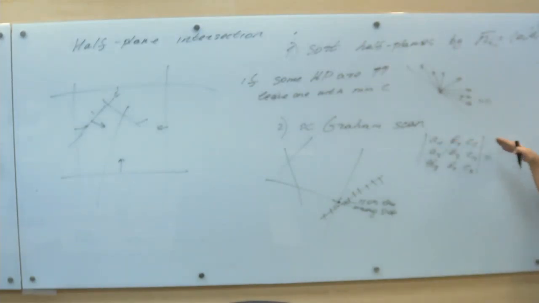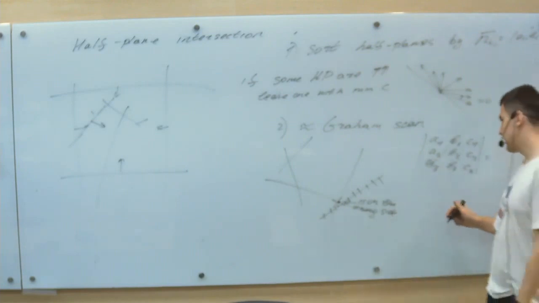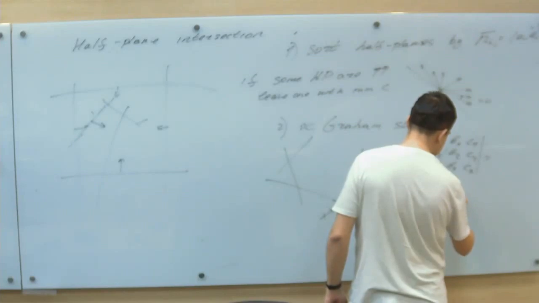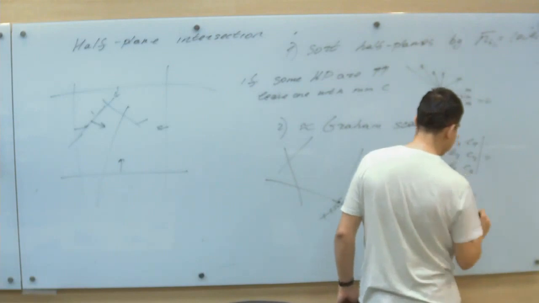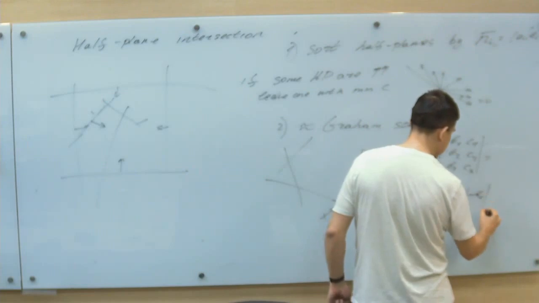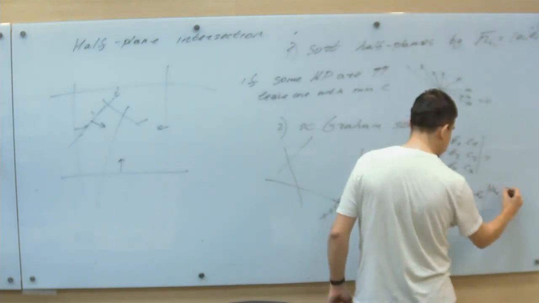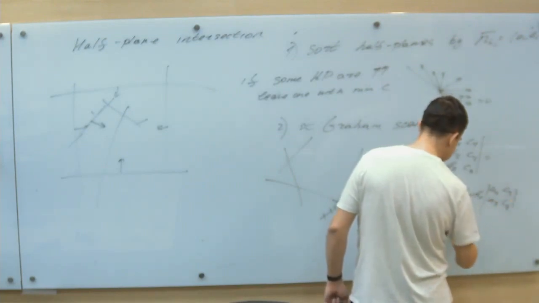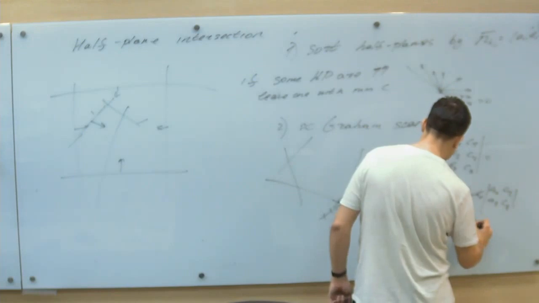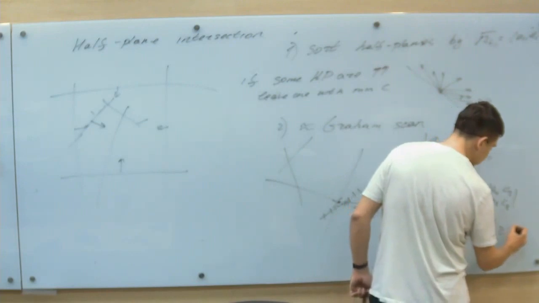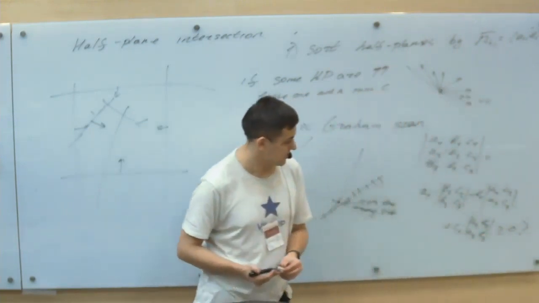Because if we expand this determinant using the first row, then we'll get A1 times (B2, C2, B3, C3) minus B1 times (A2, C2, A3, C3) plus C1 times (A2, B2, A3, B3). And we check if it's greater than or equal to 0 or not.